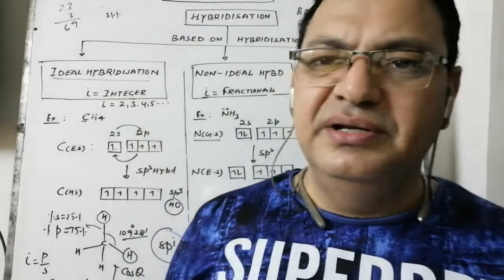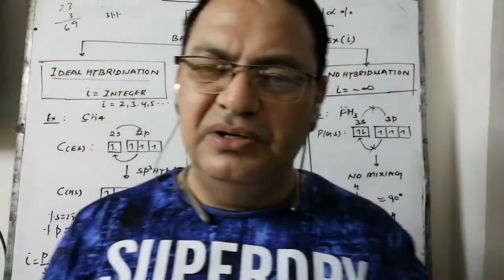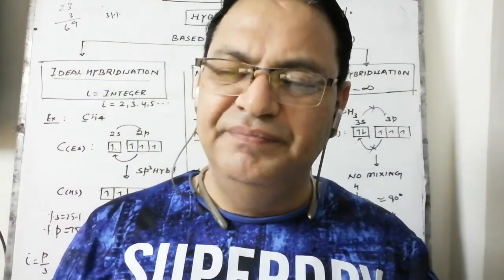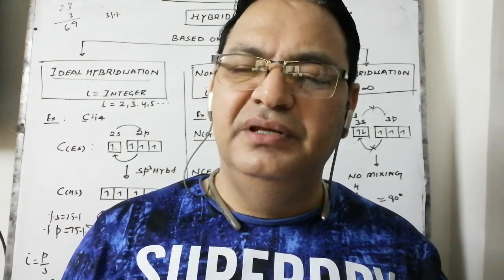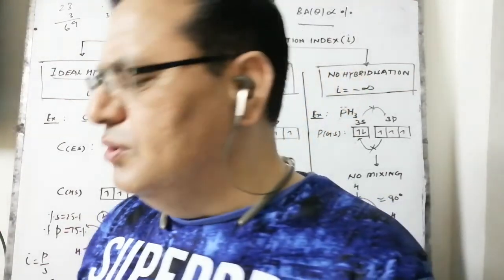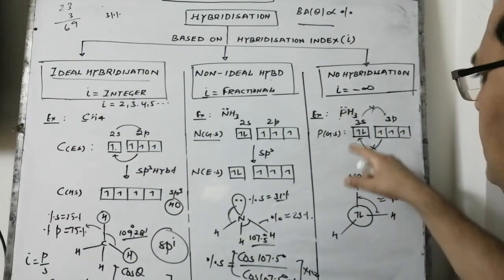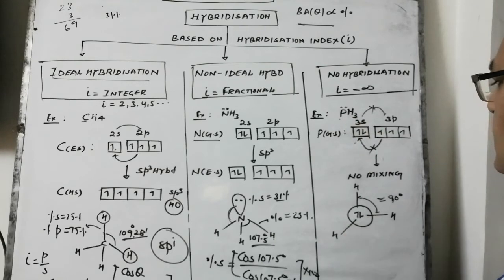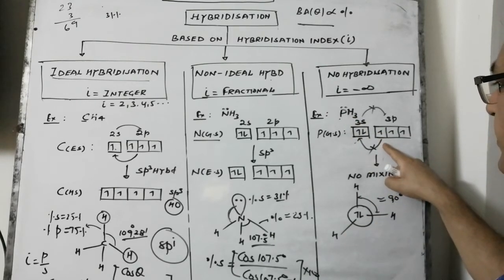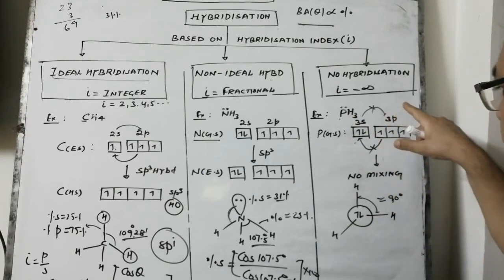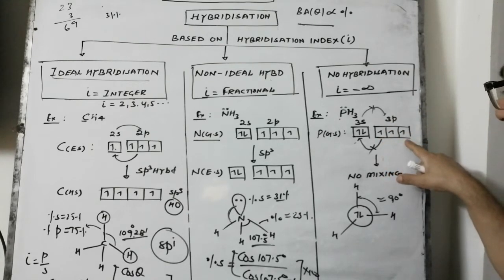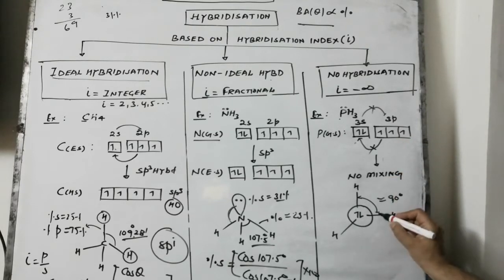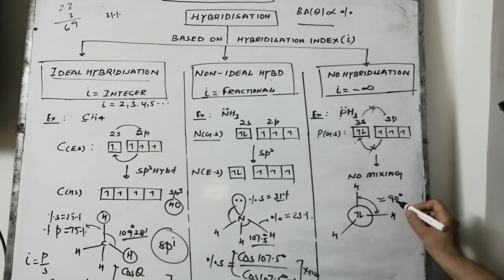If s is not interested in mixing with p, and p is not interested in mixing with s, it means the net result will be no hybridization. And if there is no hybridization, then the s orbitals of the 3 hydrogens will straight away overlap with the px, py, pz orthogonally oriented orbitals, resulting in the formation of a bond angle close to 90 degrees.